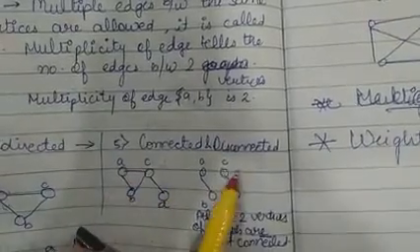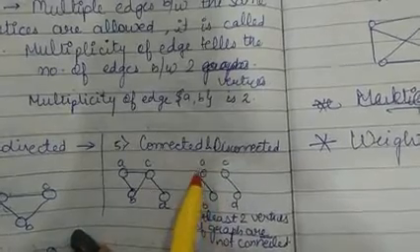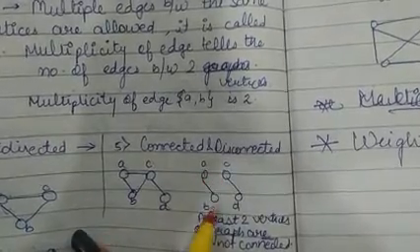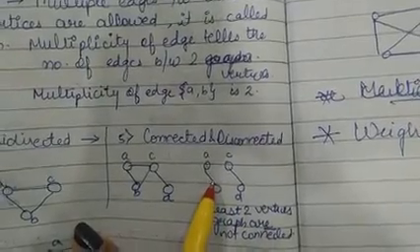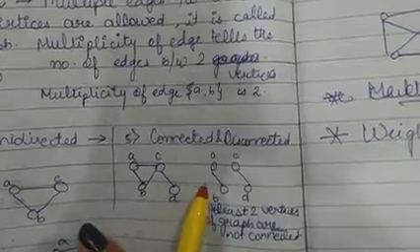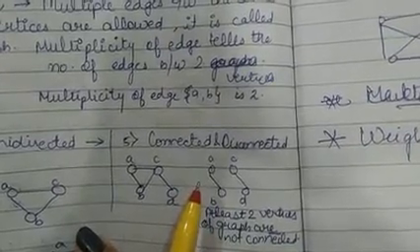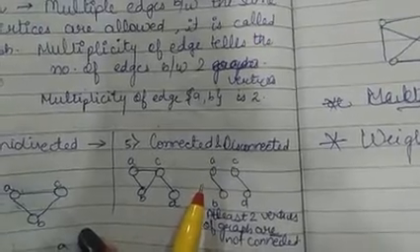But in this case A and B are joined, C and D are joined, but there is no connection between A, C, B, D or A, D, B, C. We do not have any connection. So this sort of graph is known as the disconnected graph. If at least two vertices of a graph are not connected, then we can say that this type of graph is a disconnected graph.